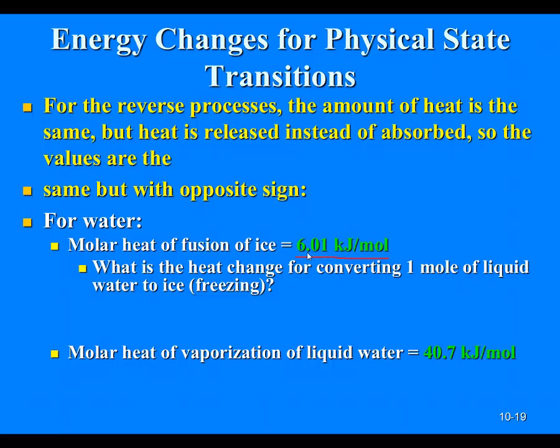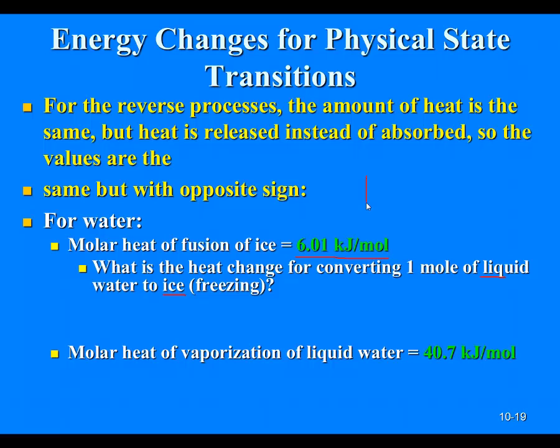So this is how much energy, 6.01 kilojoules, would have to go into a mole of ice in order to melt it through the fusion process. How much energy would be related to the reverse process, taking a mole of liquid water and freezing it back into a solid? You'll notice we really have the same change in enthalpy as we reverse this process.